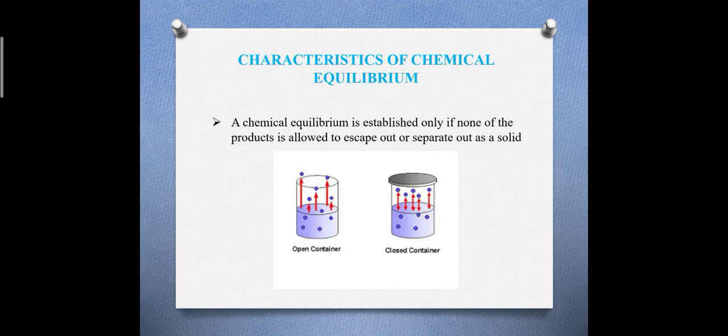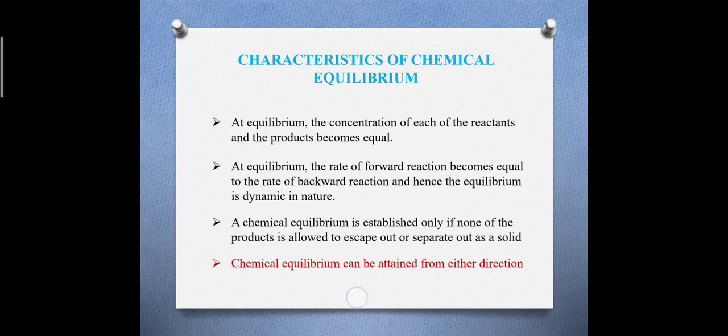In the closed container, the particles are not allowed to escape out. As a result, they get condensed again to form the liquid. When it is opened, it mixes with the surroundings and equilibrium is not established. So, a chemical equilibrium is always carried out in a closed vessel.